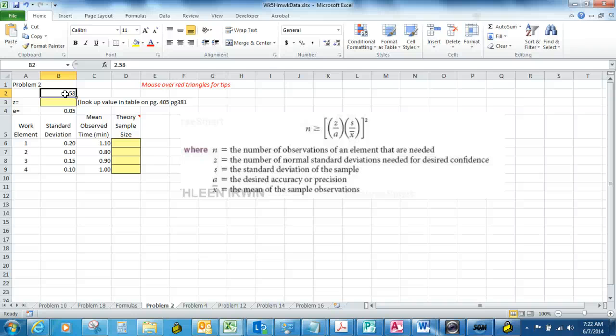When we look that up in the charts on page 425 in the new edition of your book, you will see that that number is 2.58.